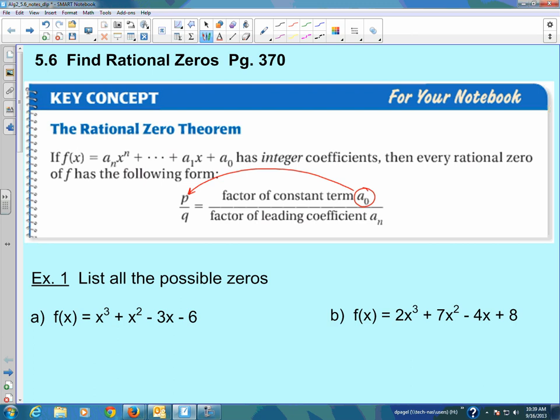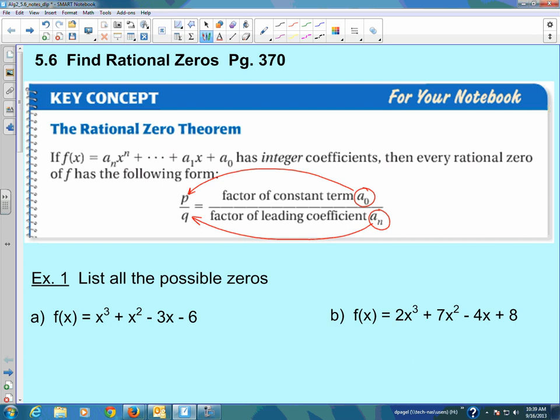Those will become our p-values. We'll take our leading coefficient, a subscript n, and find its factors. They become all of these q values, and then this ratio of p over q becomes the possible zeros that we would then use in synthetic division to find out some zeros. So very useful for us.